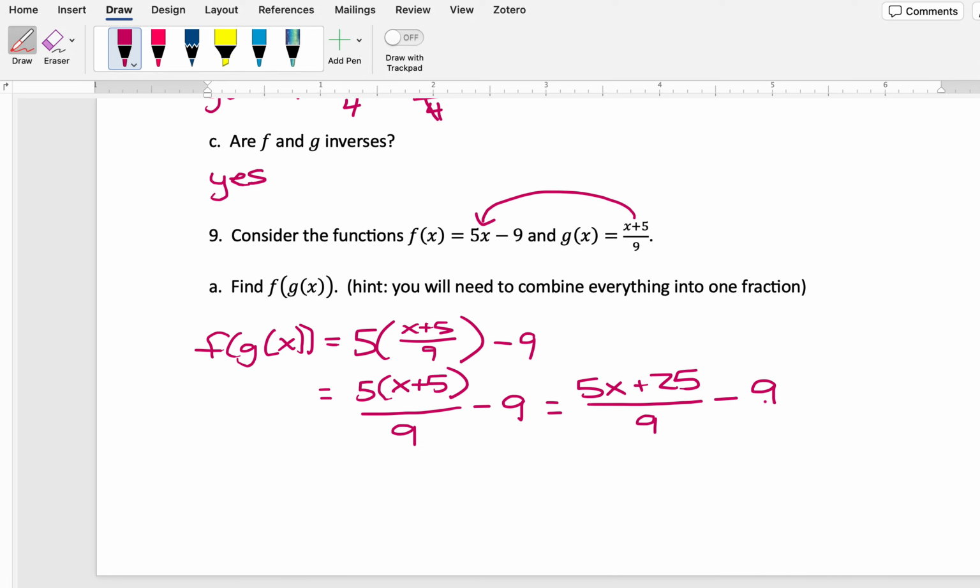Now, to combine everything into one fraction, which is what you're going to need to do in the Check Your Understanding in order to get it correct, I need a common denominator. So I need a denominator of 9 for this 9. So I need to multiply both the top and bottom by 9 in order to get that.